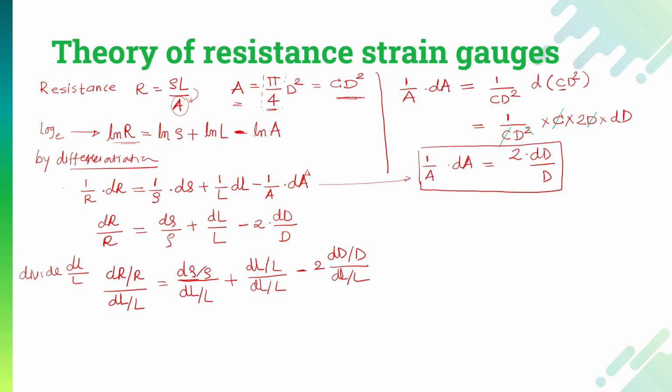Now you can observe that this particular equation is actually the gauge factor equation. So I can write down the value F over here because this is the gauge factor.